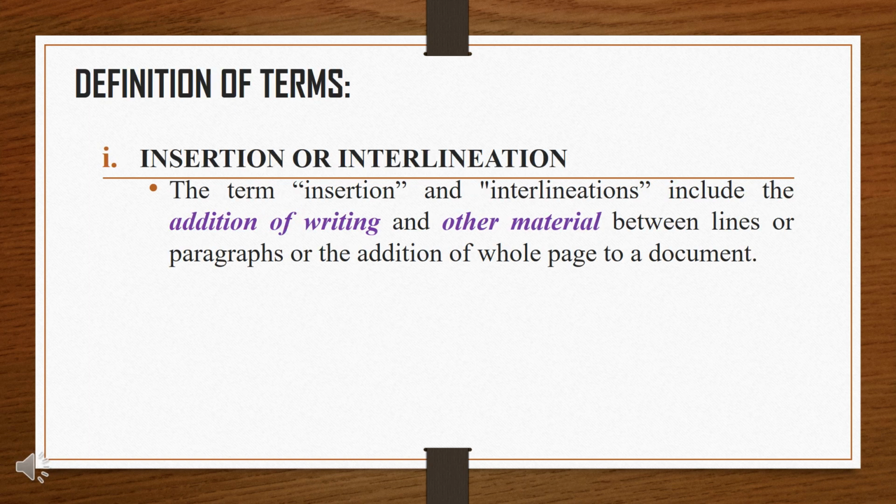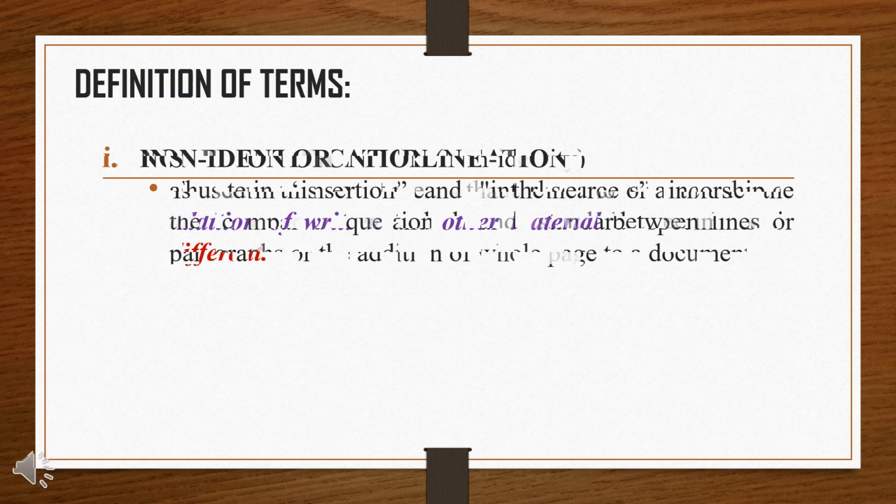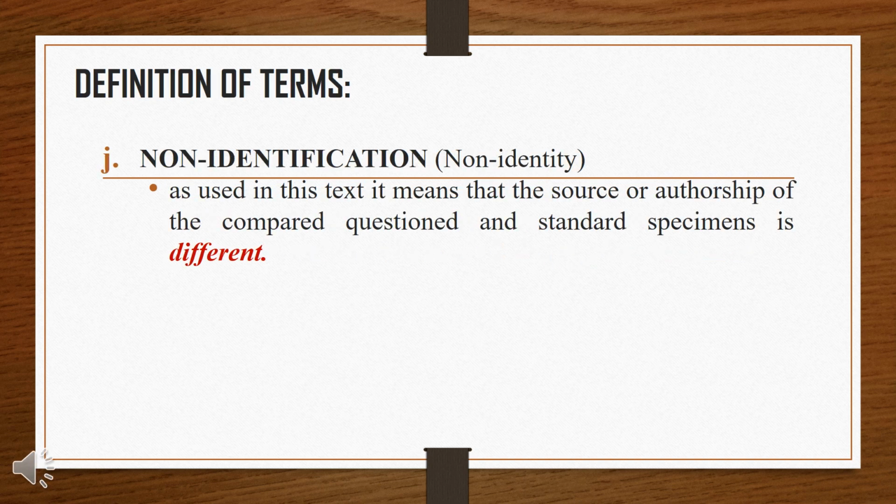The terms insertion and interlineation include the addition of writing and other material between lines or paragraphs, or the addition of a whole page to a document. Non-identification, non-identity. As used in this text, it means that the source or authorship of the compared questioned and standard specimens is different.